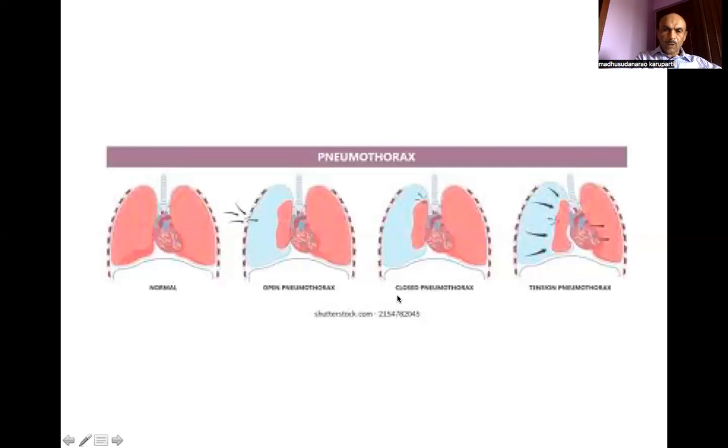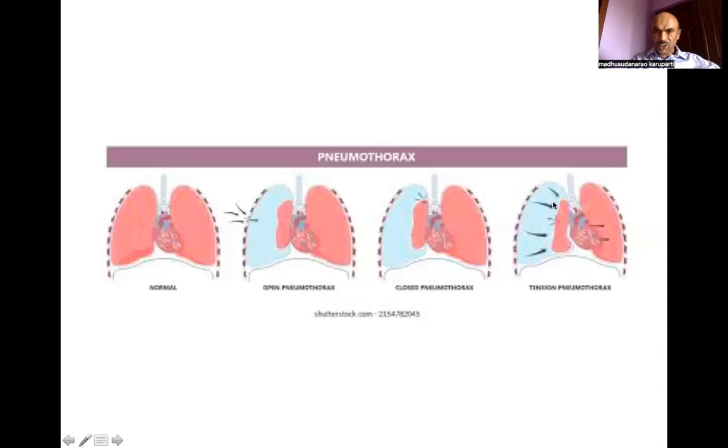This is closed pneumothorax. Okay. Here, there is air in the pleural cavity. There is no mediastinal shift. There is collapse of the lung. Here is the picture showing tension pneumothorax.